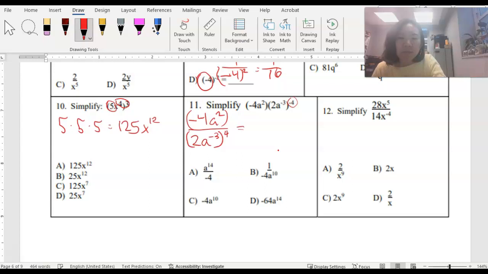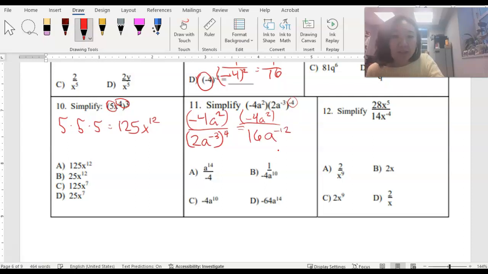Okay, so what's going to happen here is we're going to have a negative 4a squared. That's going to stay the same. Now I need to apply this power to this. So 2 to the 4th power is 2 times 2 times 2 times 2, which is 16. So that'll be 16. And then we will have a to the negative 12th power.